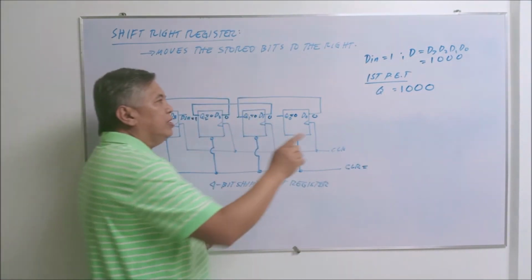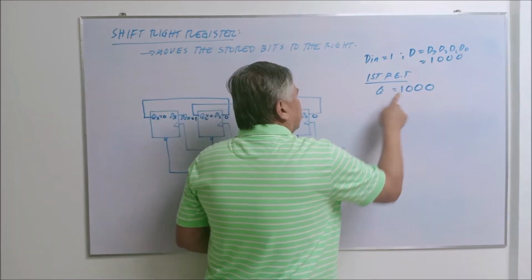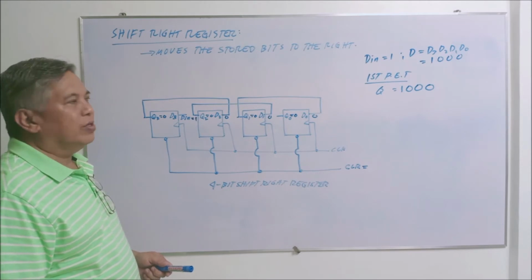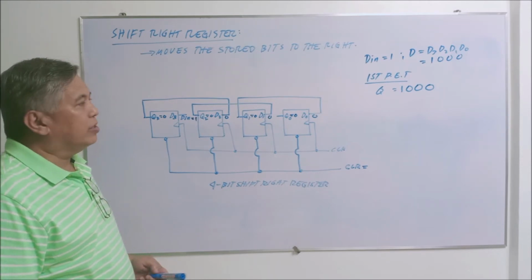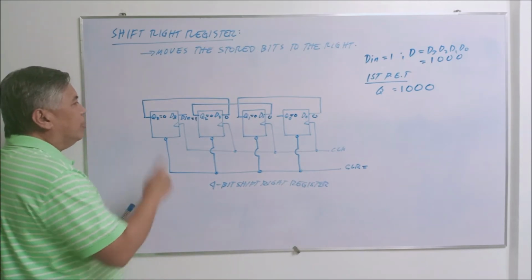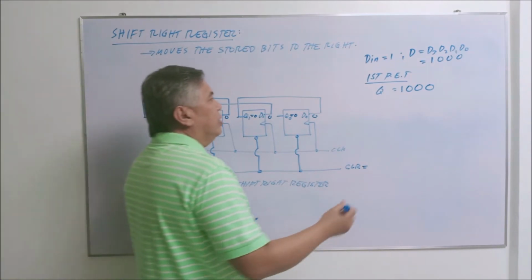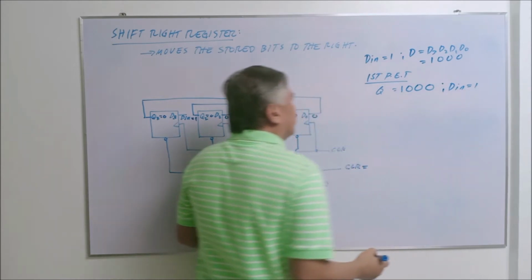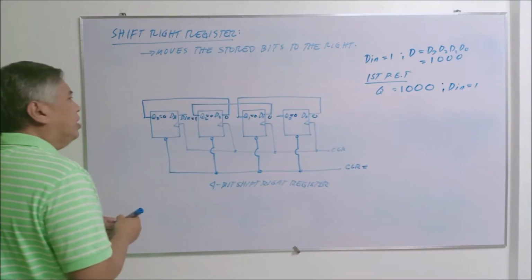So that is your output Q during the first positive edge triggering of the clock. Now, assuming that your D input remains 1, what will now be the initial D?